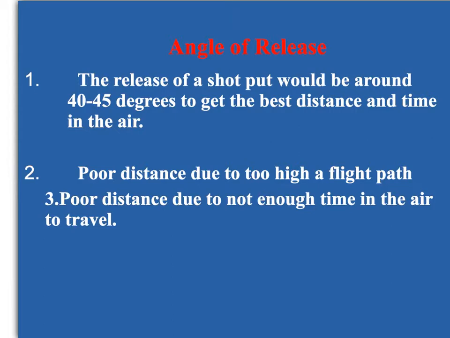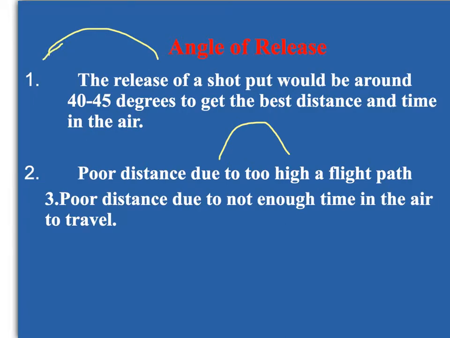And what would happen if the angle of release was too high? In other words, it wasn't 45 degrees that we were throwing the ball at, it was too high, like a flight path like this. Well, it wouldn't fly as fast or as far. 45 degrees is going to fly like this, nice and long, hopefully.